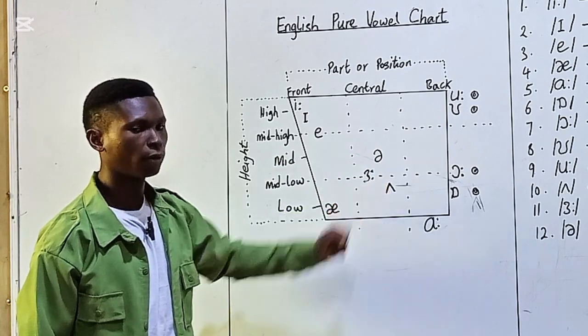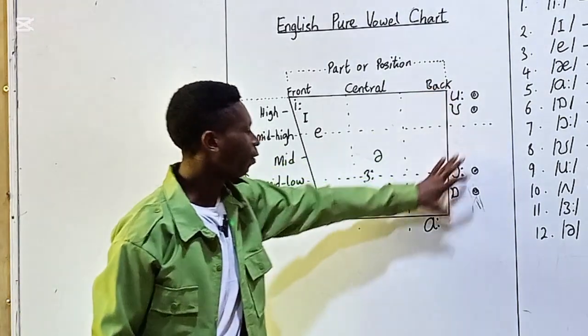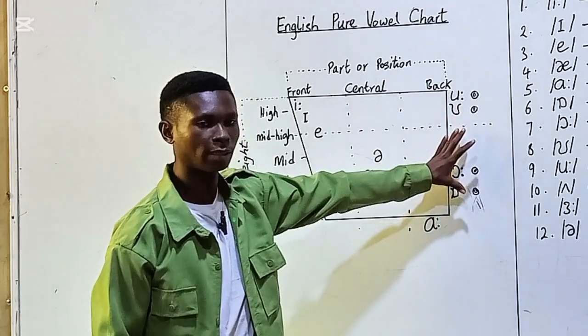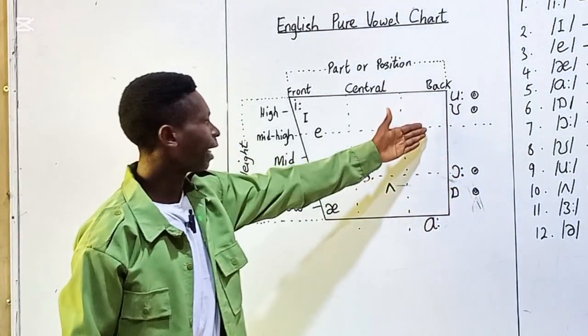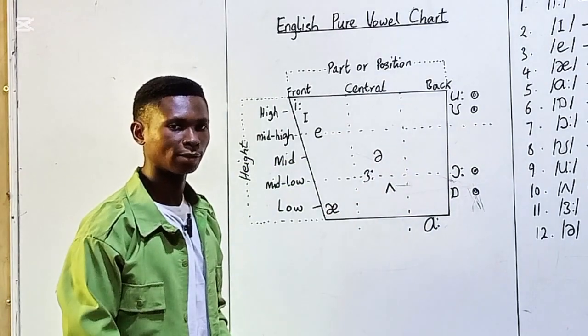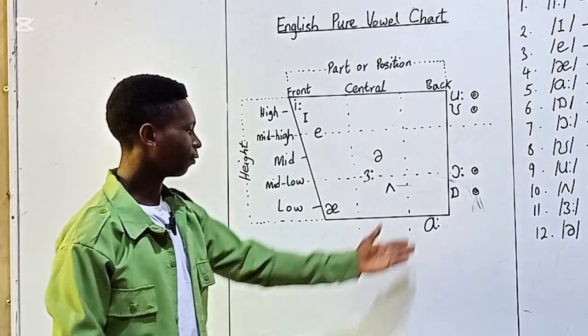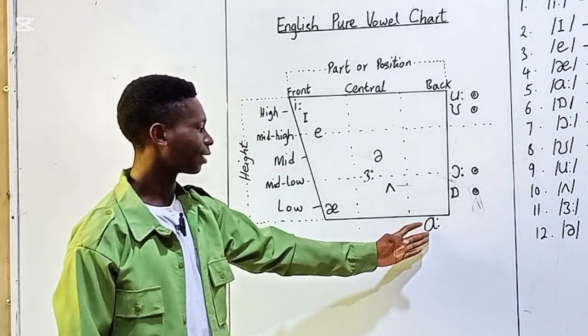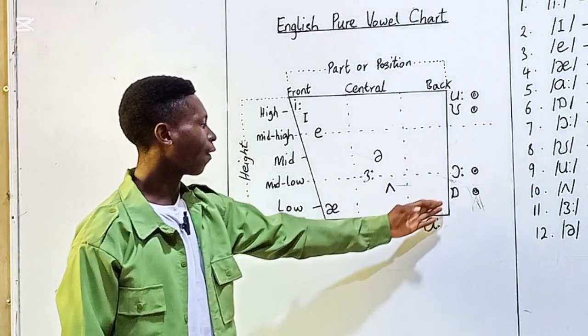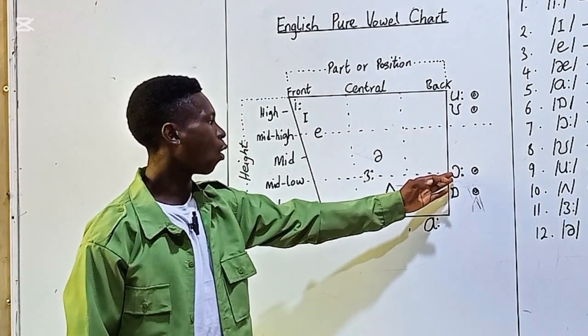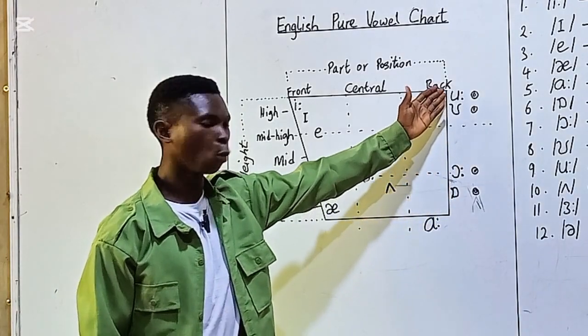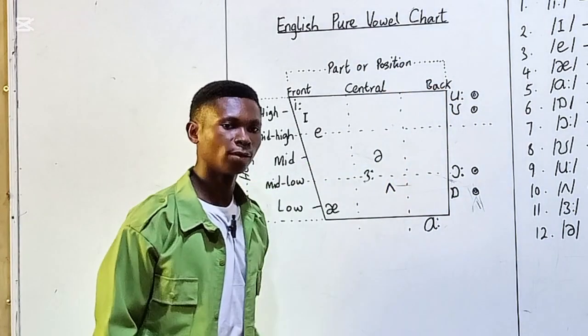Then we have five other sounds by this side. These are the back vowel sounds, ranging from vowel number 5. These are back vowel sounds.